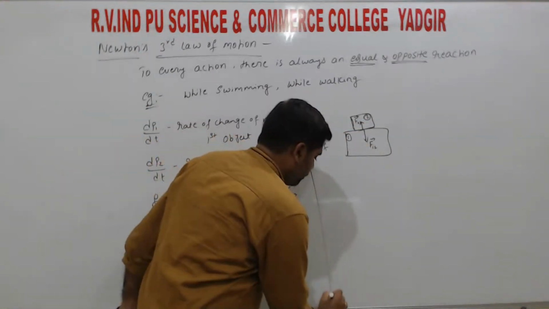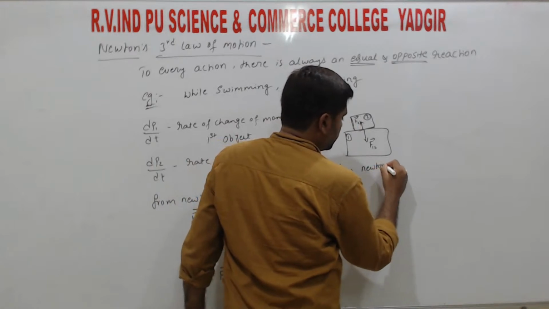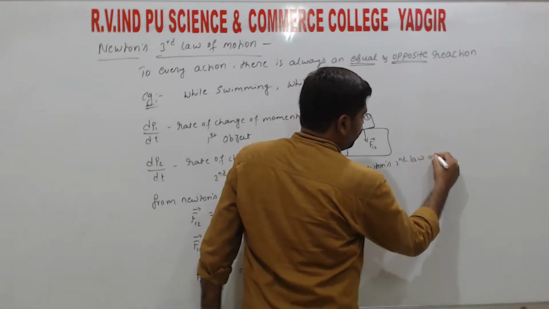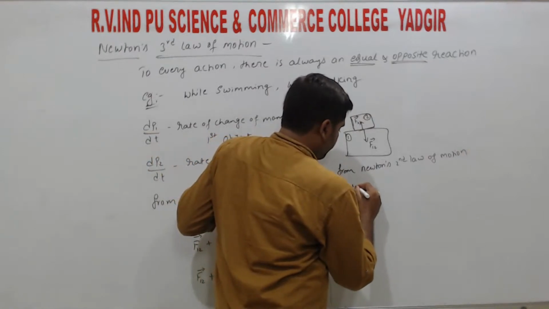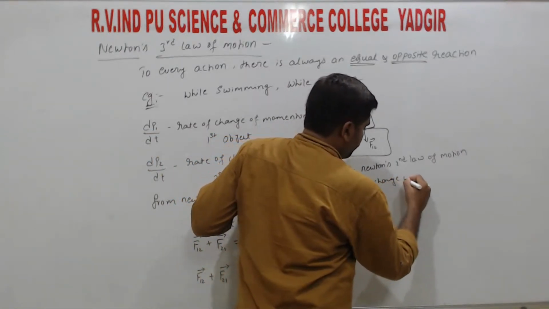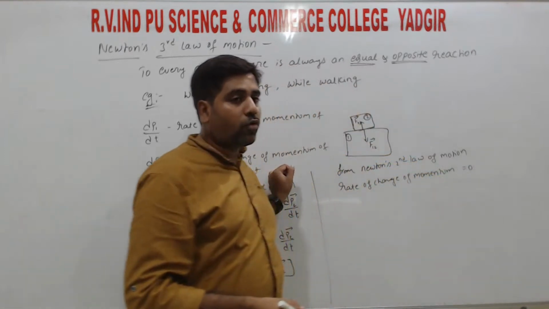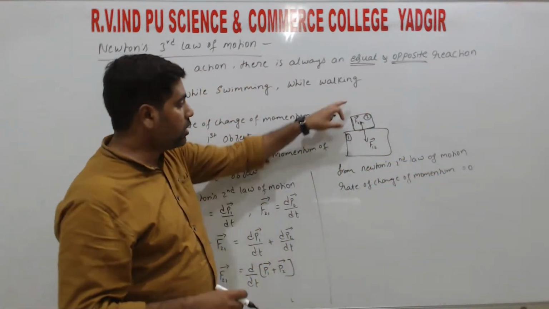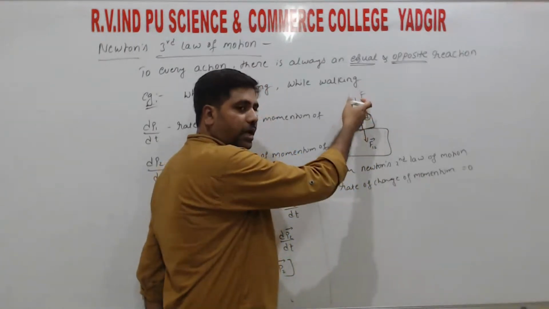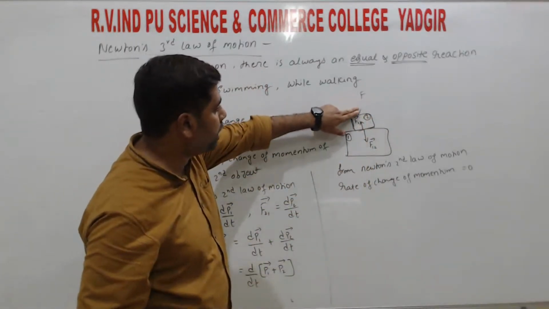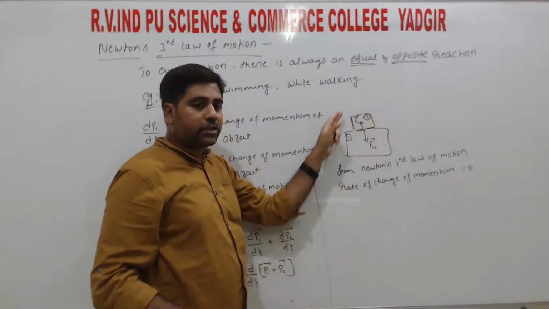Now, again from Newton's second law of motion, the rate of change of momentum is equal to 0 when there is no net external force acting on the object. Here we are not applying any external force to these two objects, in any direction.